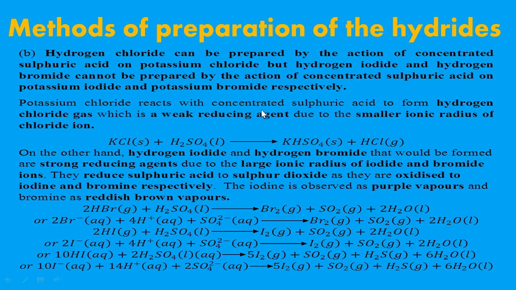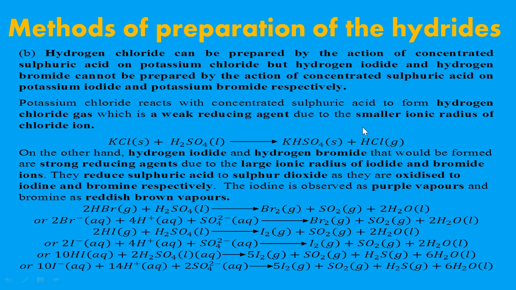Potassium chloride reacts with concentrated sulfuric acid to form hydrogen chloride gas. You see this equation? This hydrogen chloride gas is a weak reducing agent due to the small atomic radius of the chlorine atom. You'll change this in your notes: due to the small atomic radius.